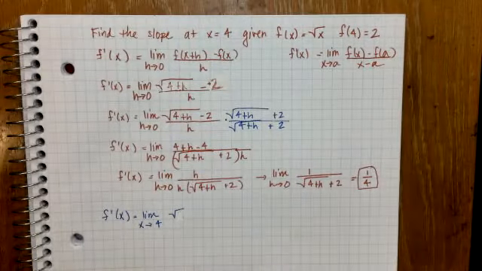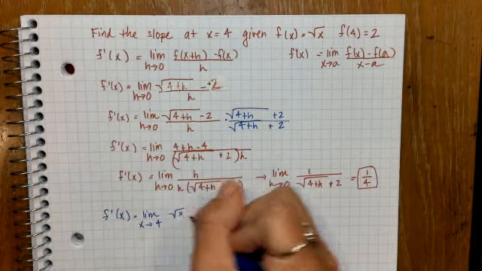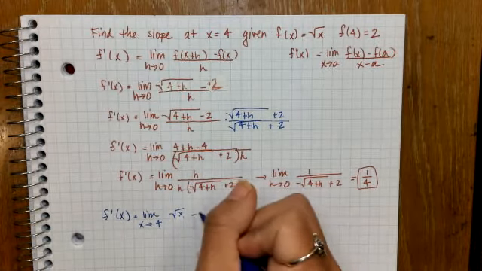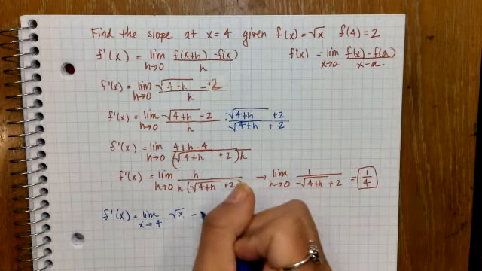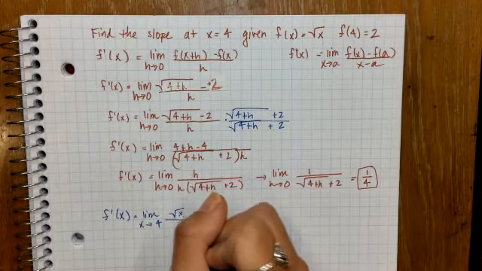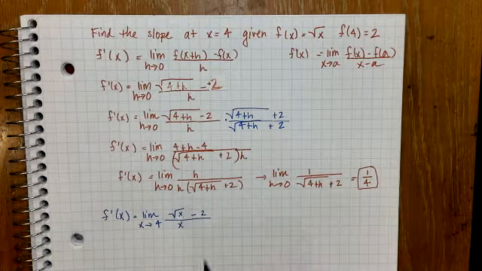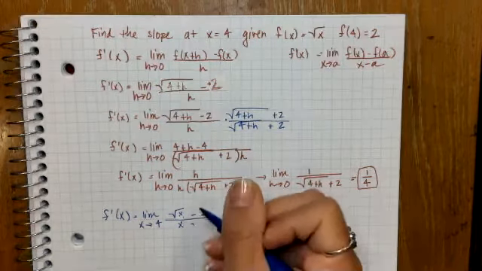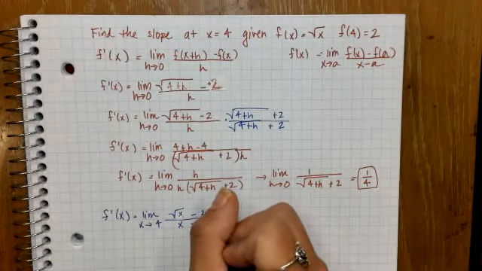I can't wait to go back to the whiteboard days. f of x is root x minus f of a, which is 2, all over x minus a, which is 4.